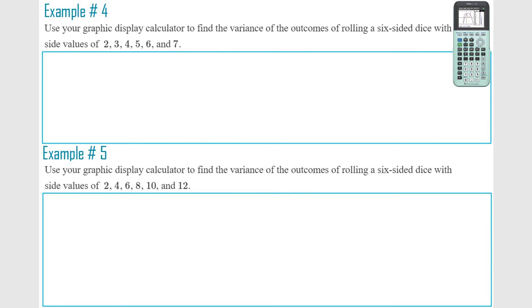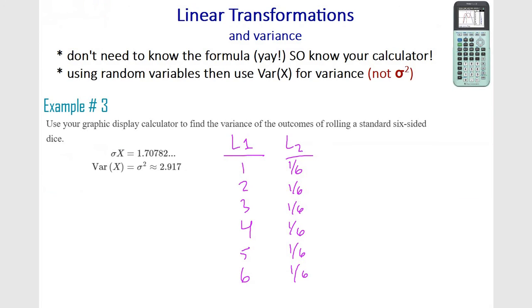Now let's look at what the variance is with each of these. Go in your calculator and change your first list and see what happens to your variance. Remember that the original standard deviation is 1.7, but in calculations you always look at variance.